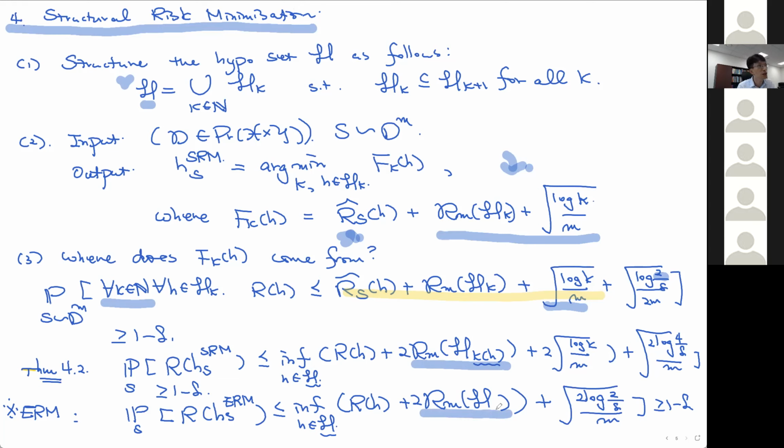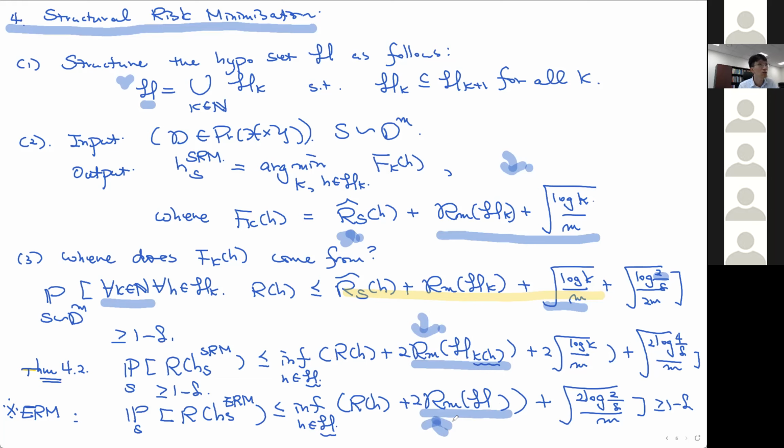So by doing this extra bit of work, in terms of the theoretical guarantee, we can have a stronger guarantee because the one above is not with respect to the Rademacher complexity of the entire H, but for some subset. And typically K(h) is not going to be very large. It's going to be reasonably small. So the Rademacher complexity that we obtain above will be much smaller than the Rademacher complexity that we obtain below. So that shows theoretically the benefit of this structural risk minimization.